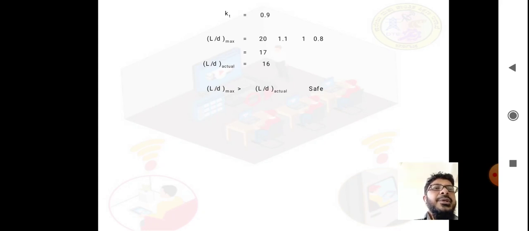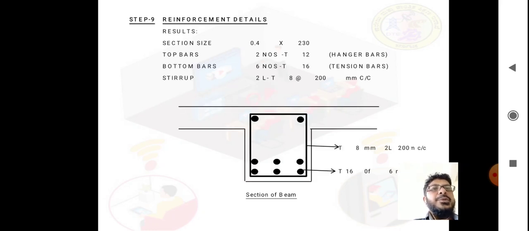In our previous calculation we have made the section safe for flexure, then shear, then deflection. So now we can sketch the reinforcement. This is our design result. Section size 0.4 into 230.